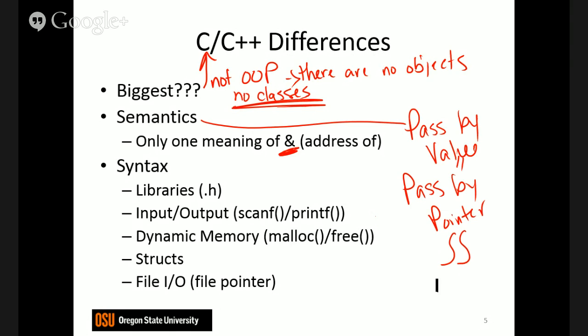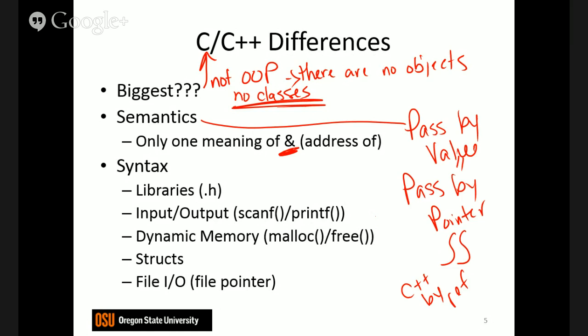That's why I put the squiggly lines there. It's not equivalent. Pass by pointer is still a pass by value. The value you happen to be passing is an address rather than a primitive. The semantics of C is always pass by value.